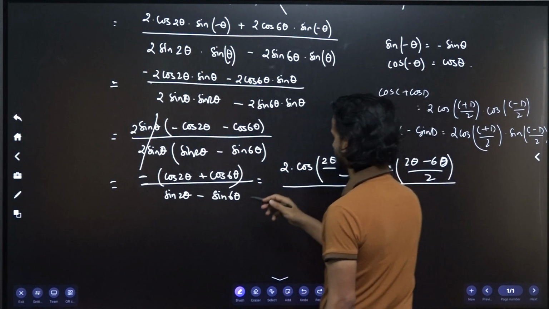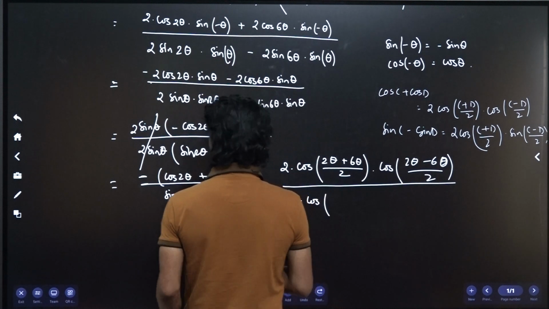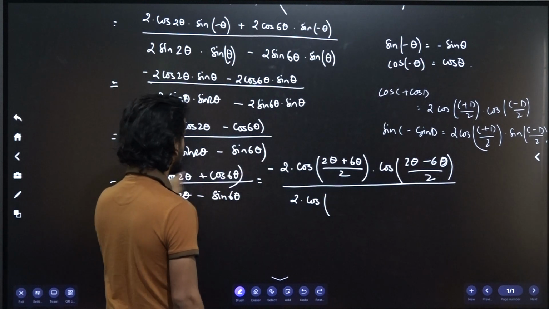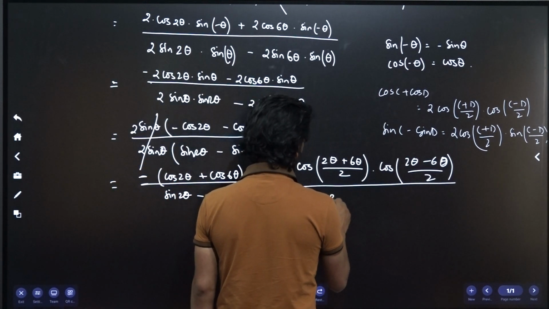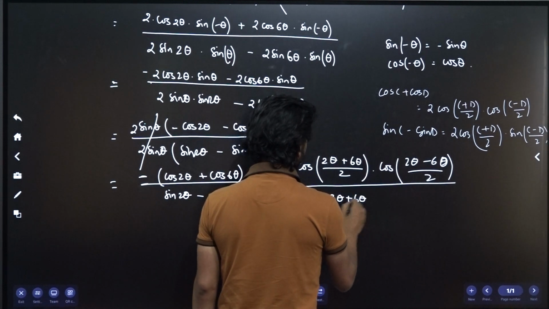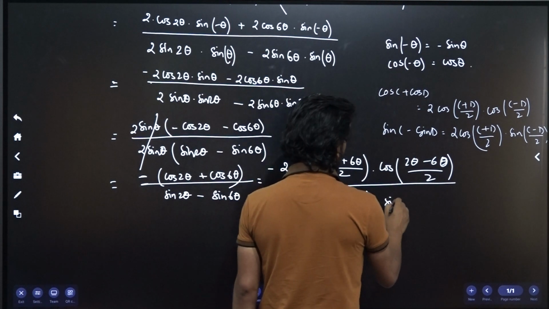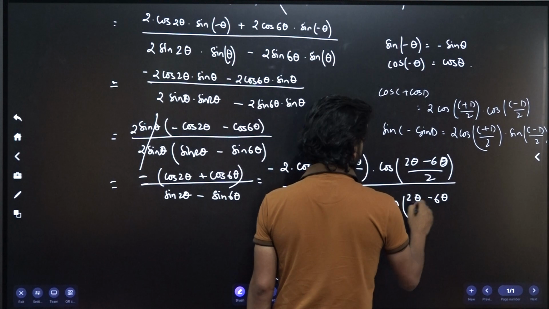Divided by sin C minus sin D. 2 cos minus is here, putting minus there, right? This minus is here. Yes. 2 cos (C plus D) by 2, 2 theta plus 6 theta divided by 2, into sin (2 theta minus 6 theta) divided by 2.